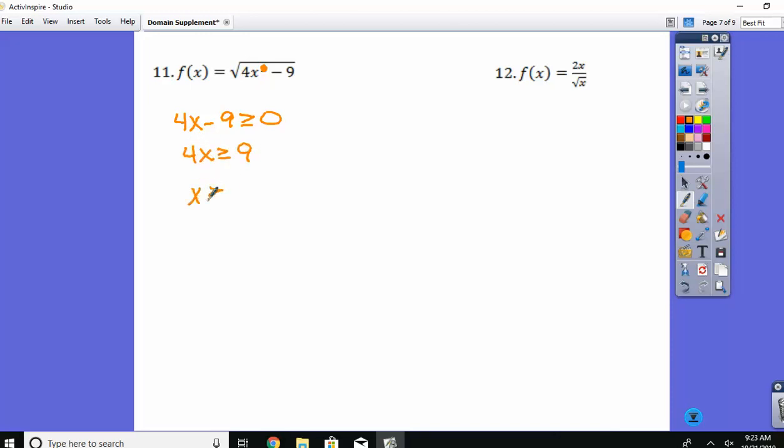Divide by 4. So x is greater than or equal to 9 over 4. How do we write that? Bracket 9/4, comma, infinity.